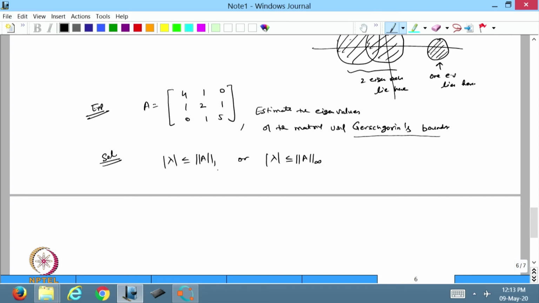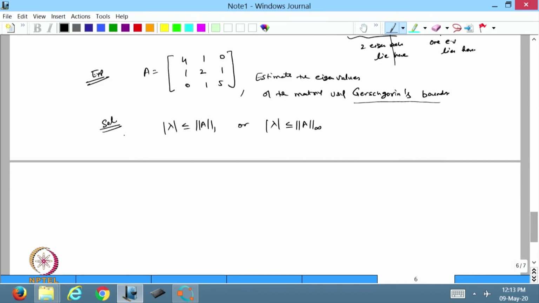The 1 norm is the maximum column sum and the infinity norm is the maximum row sum. So, first is this one, case 1. In this I will find out all the bounds whatever is possible there. So, let us take this one. This is the largest column sum, and this is equal to the largest row sum.